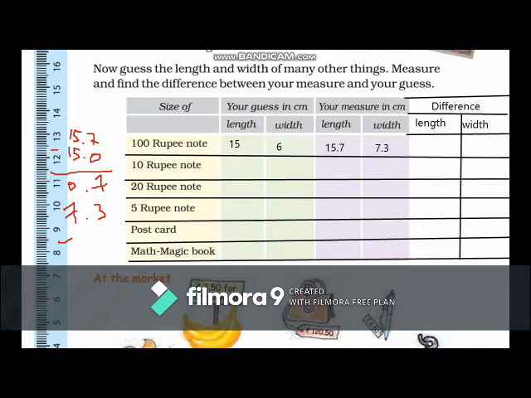So we will write 0 after the decimal point. 3 minus 0 is 3 and 7 minus 6 is 1. So 1.3. So the difference between our measure and our guess in length is 0.7 centimeter and in width is 1.3 centimeter. So let us write here.